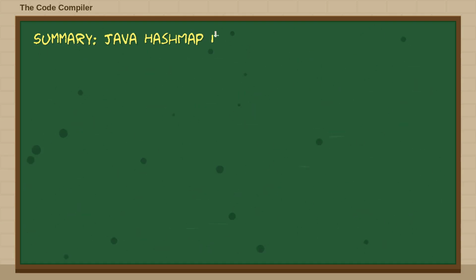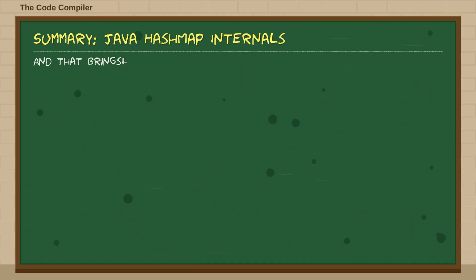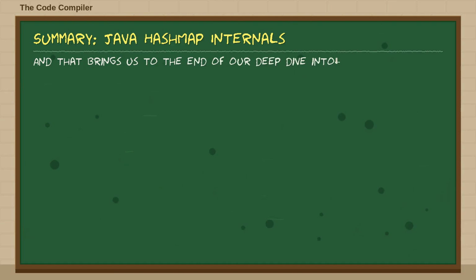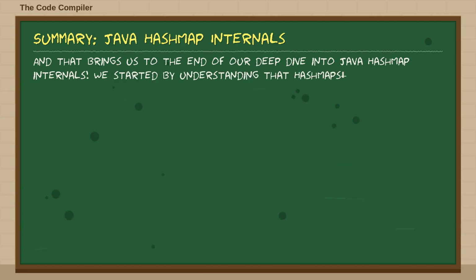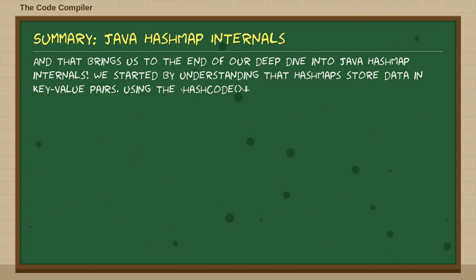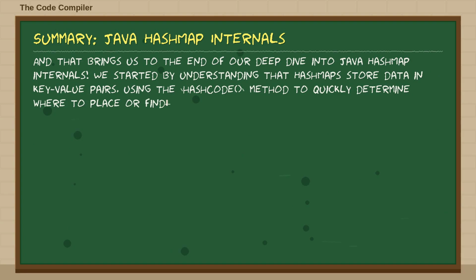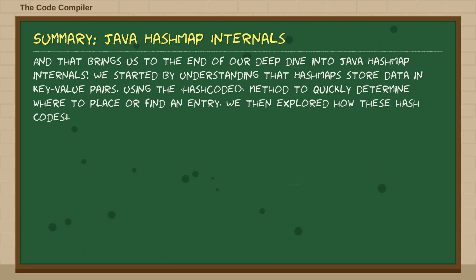And that brings us to the end of our deep dive into Java HashMap internals. We started by understanding that hashmaps store data in key-value pairs, using the hashCode method to quickly determine where to place or find an entry. We then explored how these hashcodes lead to buckets, which are essentially array indices.